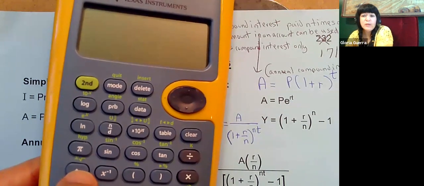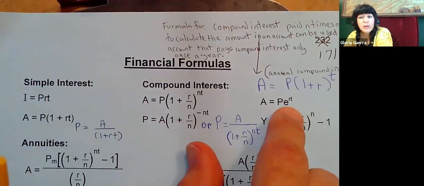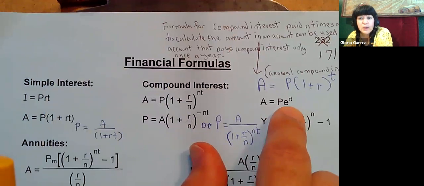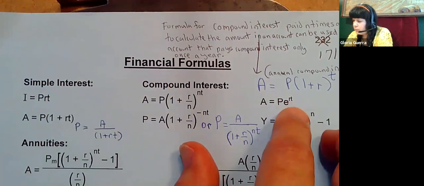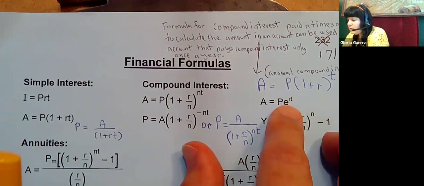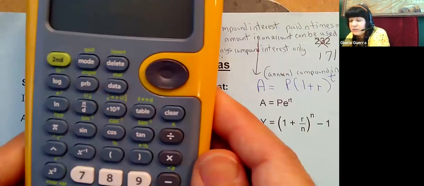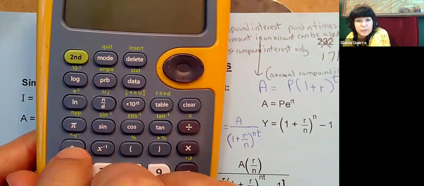The other thing is when things are compounded continuously, we use this transcendental number e. It's a value of approximately 2.718. To activate the e, we need to press the second button and then this LN key.